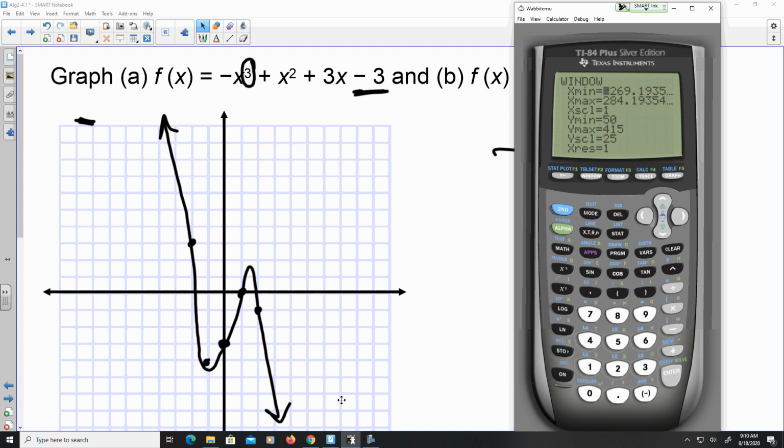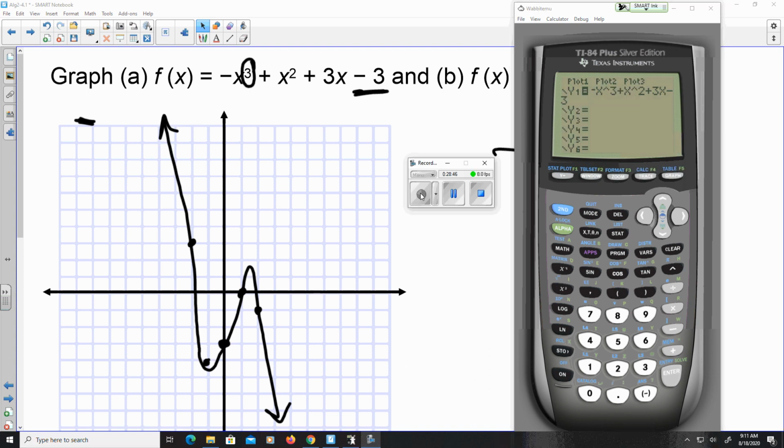All right, sorry about that. I just had to set up the standard window. So when I graph it, it looks something like this.